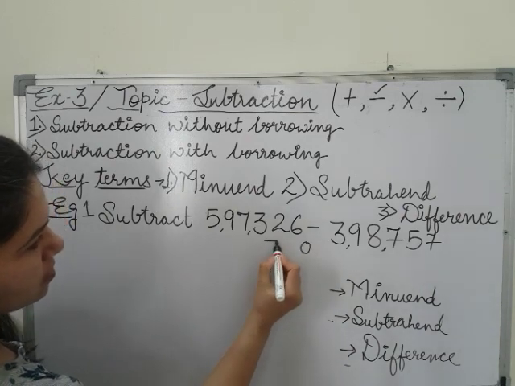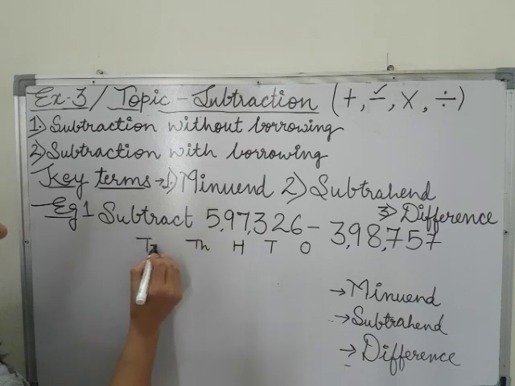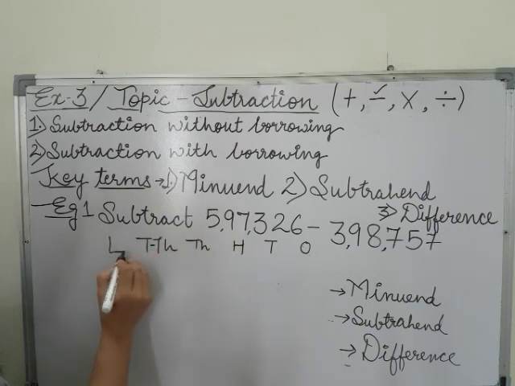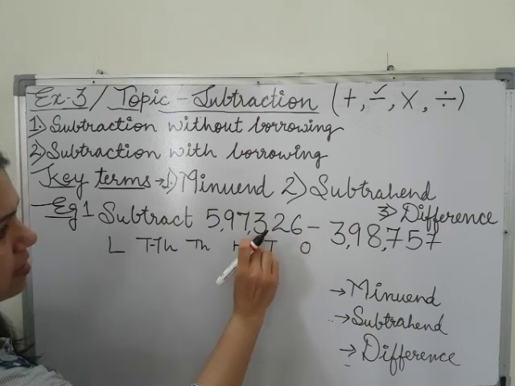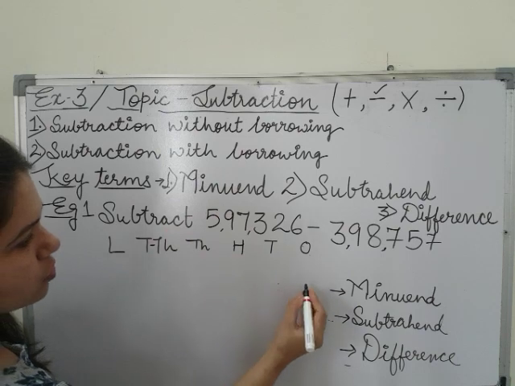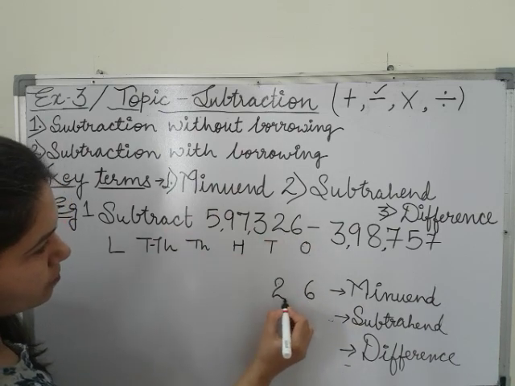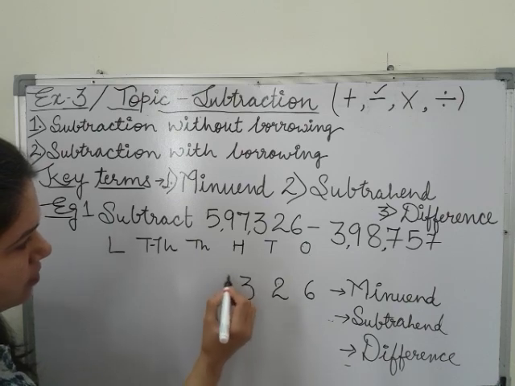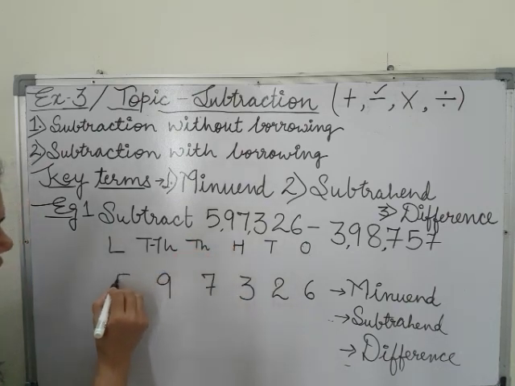So here are the places: ones, tens, hundreds, thousands, ten thousands, lakhs, because the number has 6 digits. So we write these digits over here: 6, 2, 3, 7, 9, 5.